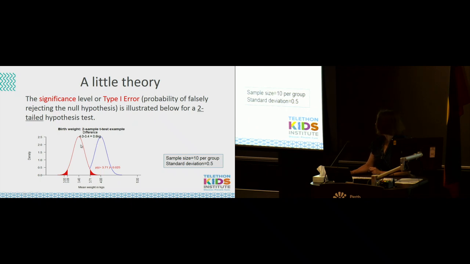So say this is looking at the difference between two groups. What you don't know is, if you get a value that overlaps between the two of them, does that truly belong in the red group or the blue group?